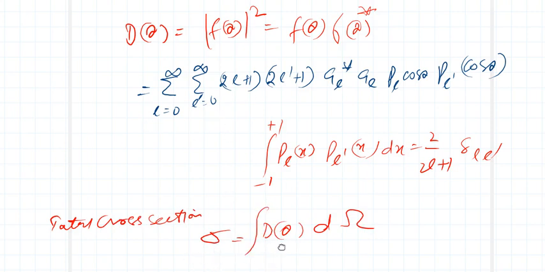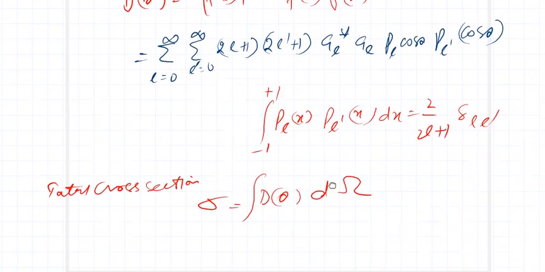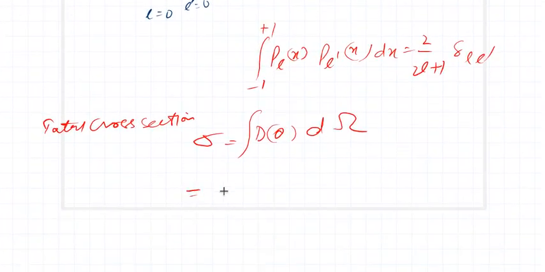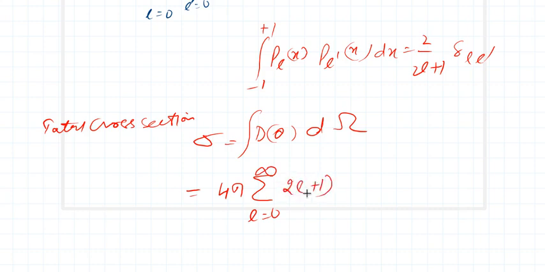If I use these values here and use this result, then its value directly comes out to be the sum of AL mod square. So in this lecture we have defined the scattering amplitude in terms of partial wave amplitude. Then we tried to find the differential cross section and total cross section for the given problem, for the intermediate region. And that's all for this lecture.